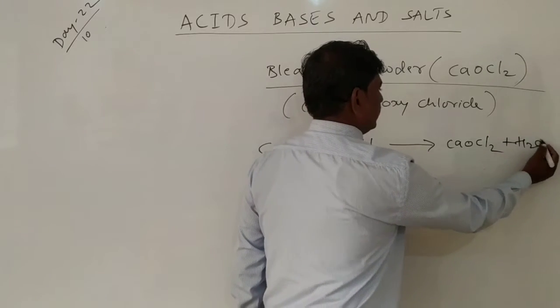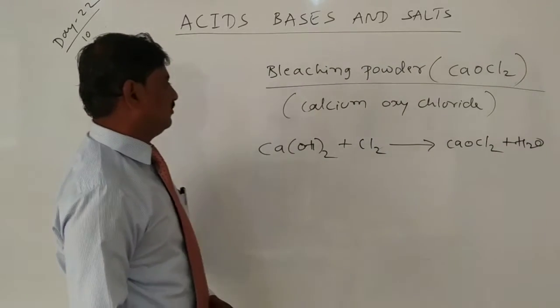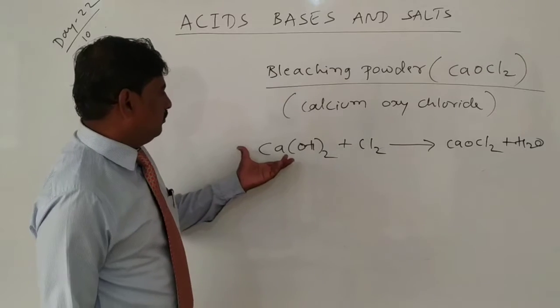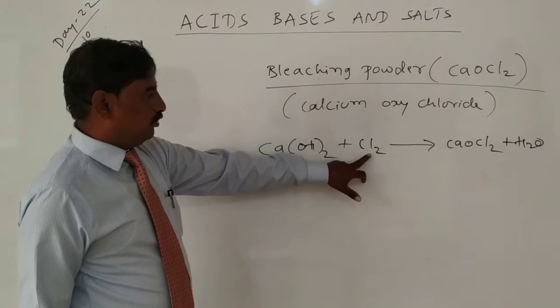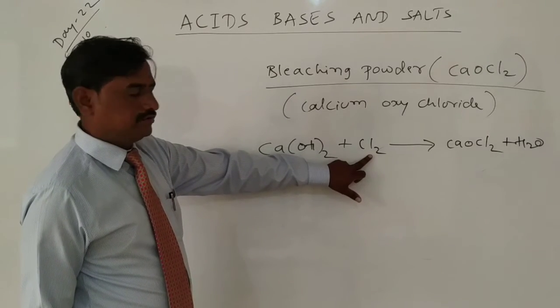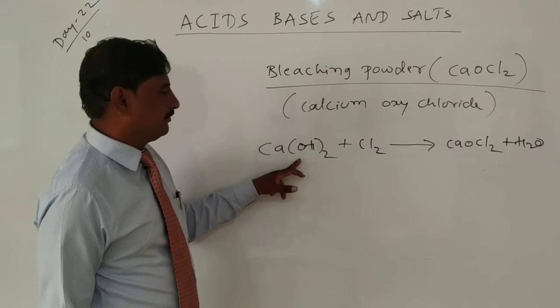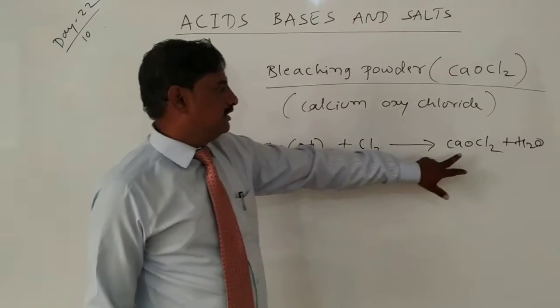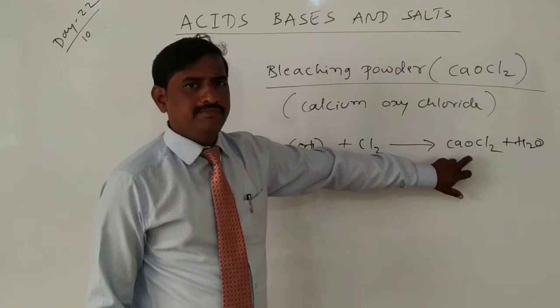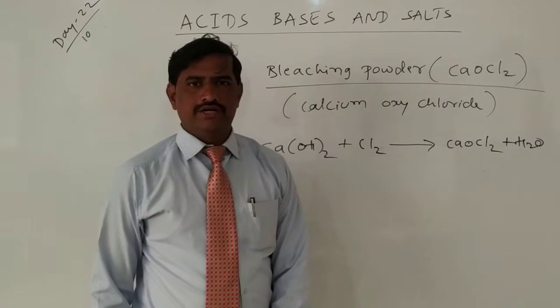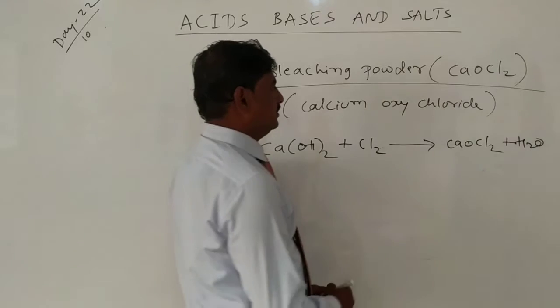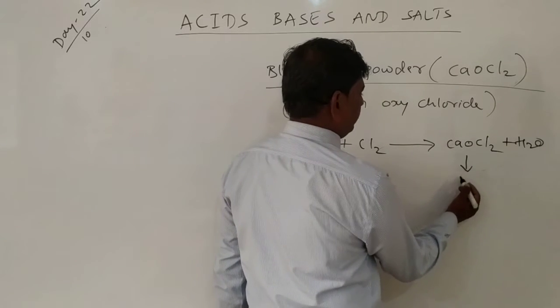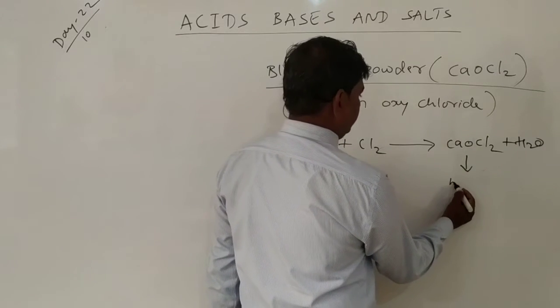So calcium oxychloride and water. So this is nothing but the bleaching powder. Calcium oxychloride is bleaching powder.